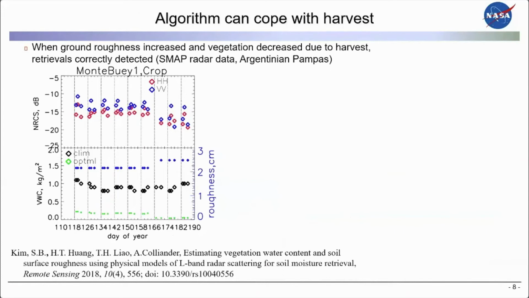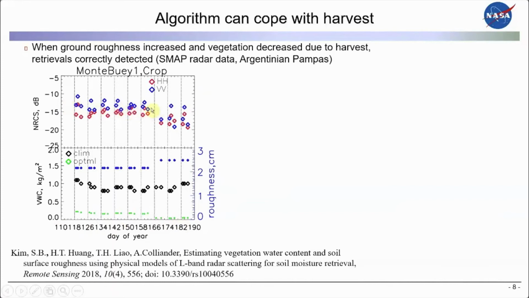And our retrievals correctly show these changes, and we used the SMAP radar data over Argentinian pampas. So the x-axis is the 3-month SMAP radar period in 2015. The top is the radar observation. Up to this point, most of the changes are due to the soil moisture and some roughness effect.